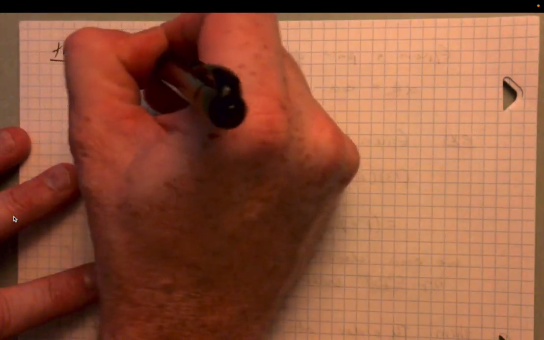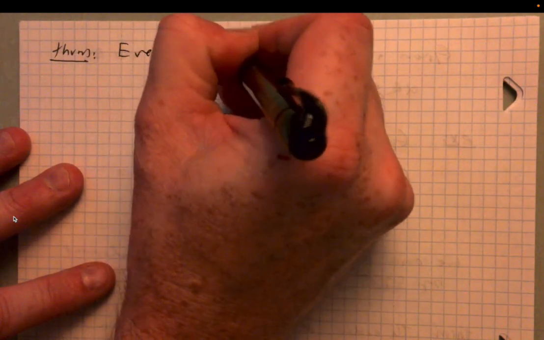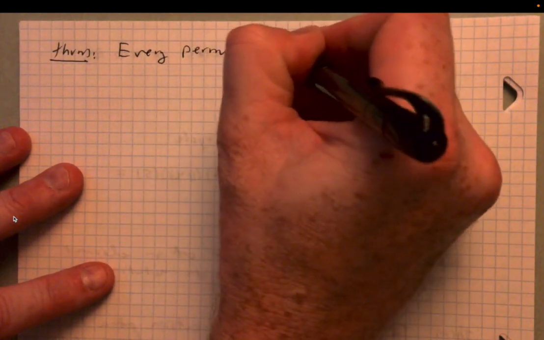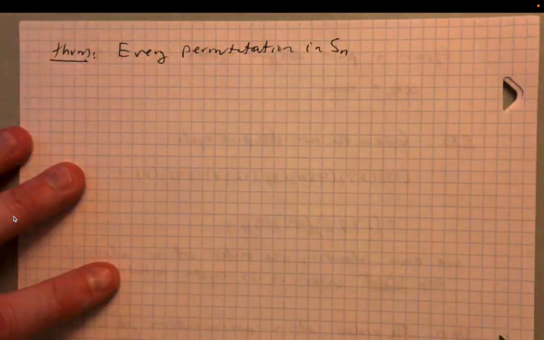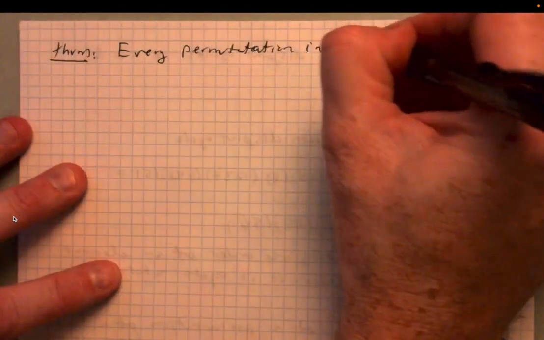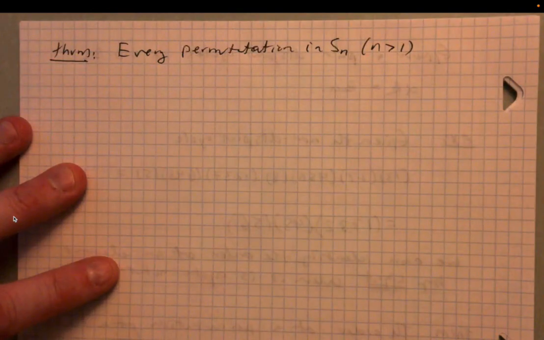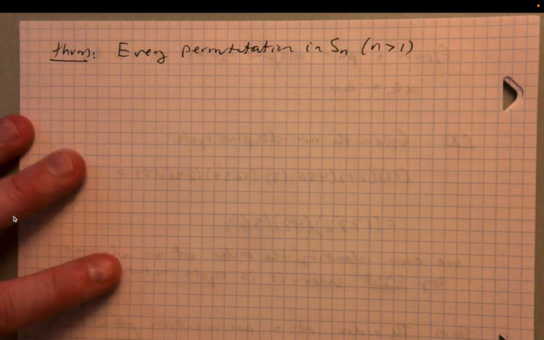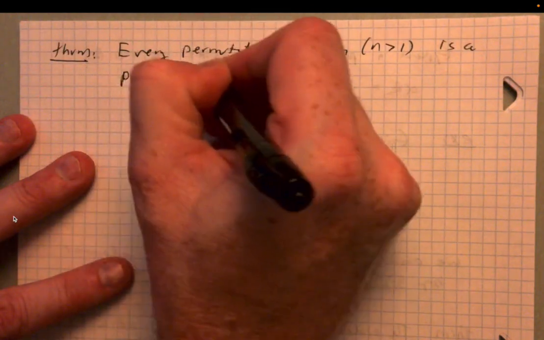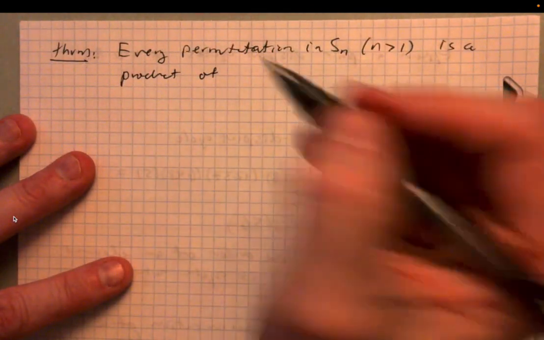Okay, so now we've got that idea down. Let's talk about this next theorem. Every permutation in Sn, and here n needs to be greater than 1, is a product of 2 cycles.